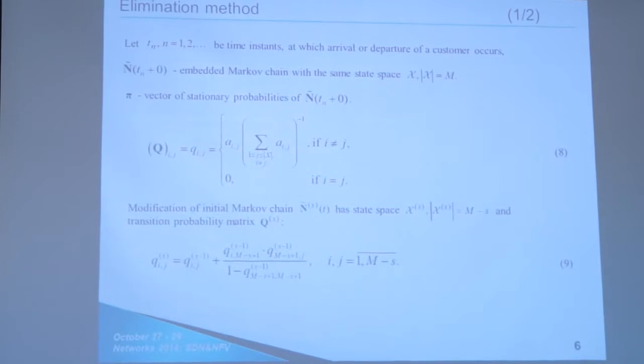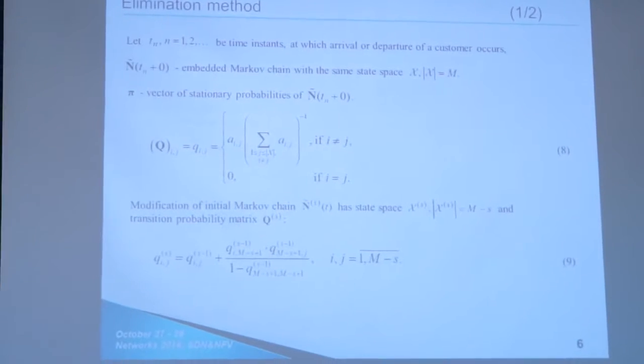We eliminate states one by one, starting from the largest number state, modifying the Markov chain and modifying the transition probability matrix by formula 9. It is proved that such modification, even if it changes the absolute values of stationary probabilities, does not change the relations or ratios between stationary probabilities.